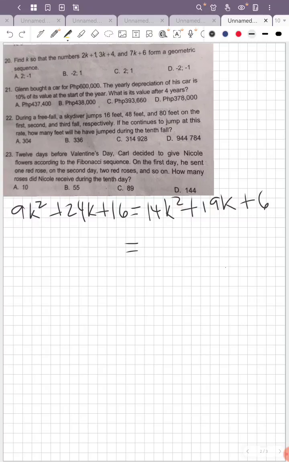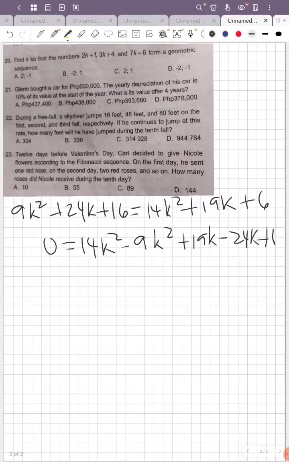So 14k squared minus 9k squared, plus 19k minus 24k, plus 6 minus 16, equals 0.